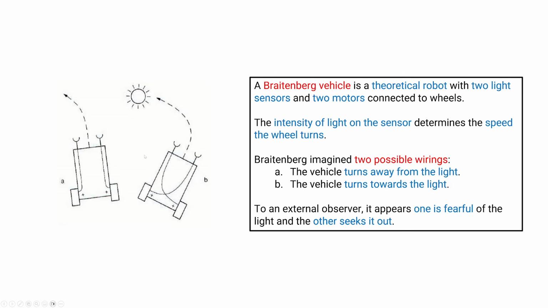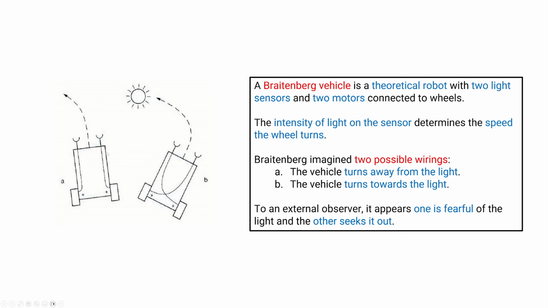But the way that Braitenberg imagines these vehicles is that you're going to attach your light sensor to one of the wheels. So the idea is that the intensity of the light that ends up triggering this sensor will then immediately be passed into the wheel. So the more intense light you have on the sensor, the faster the wheel will turn, and vice versa. The lower the intensity, the slower the wheel will turn.